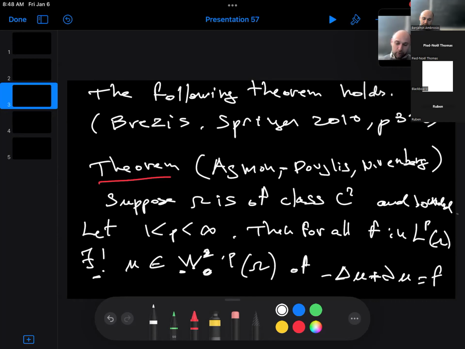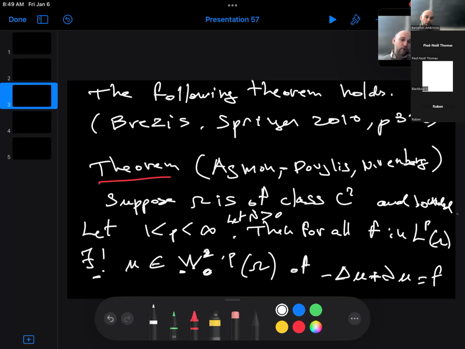Okay, in Brezis there's no lambda here, but it's true for lambda positive. If the boundary is more regular, and if f is more regular, you can improve the regularity.